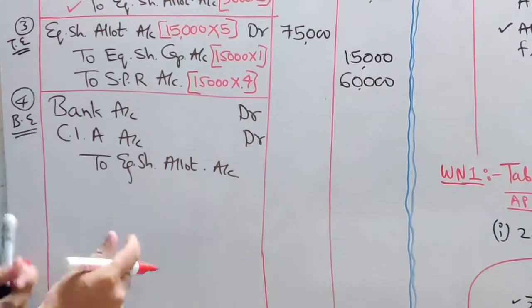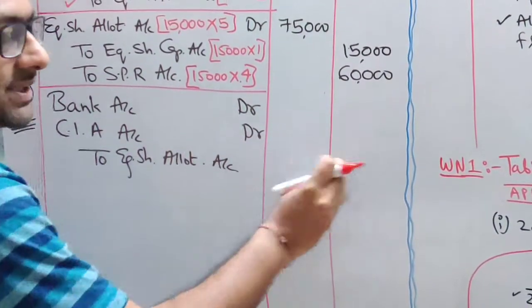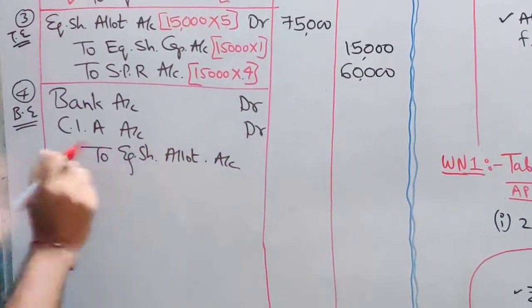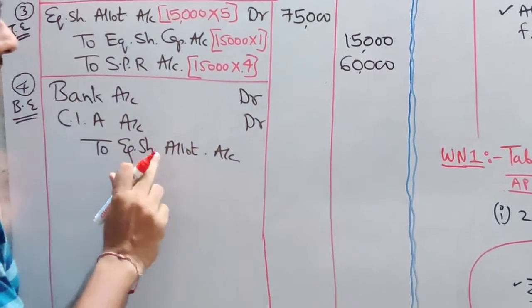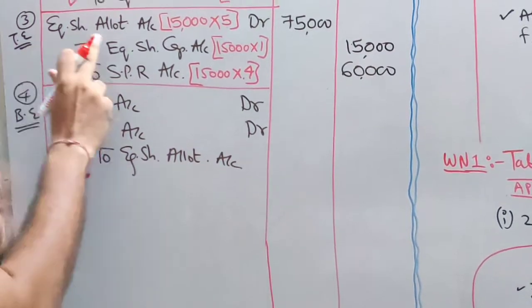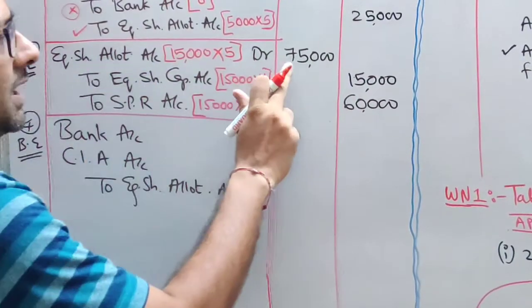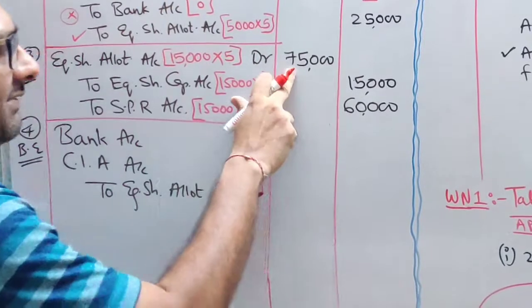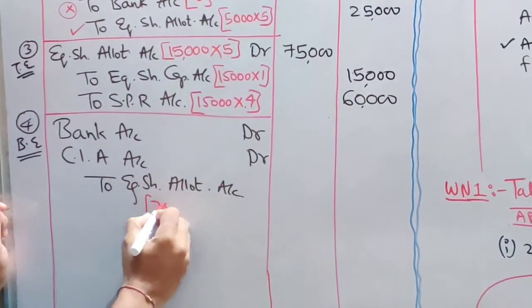Understood the entry? Now try to understand the amounts. This is also very important, students, to understand the amount. Tell me how much we have asked at the time of allotment. You can check in the transfer entry. At the time of allotment, in total we are asking for 75,000.